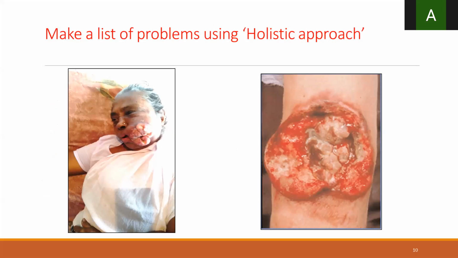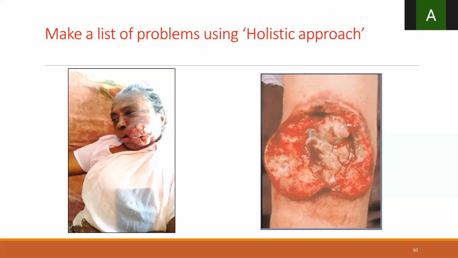Okay, so I have put these two pictures on the screen. We will take 5 minutes for you to do the assessment from your side, listing what problems you are finding.